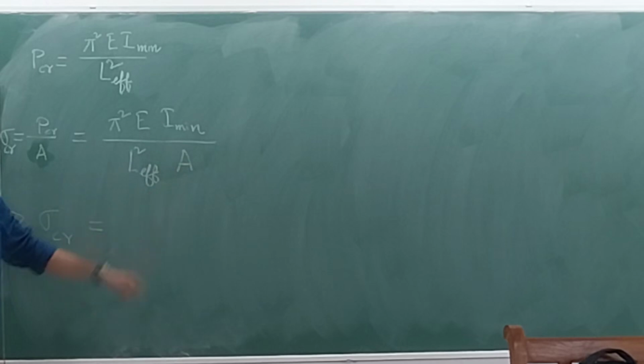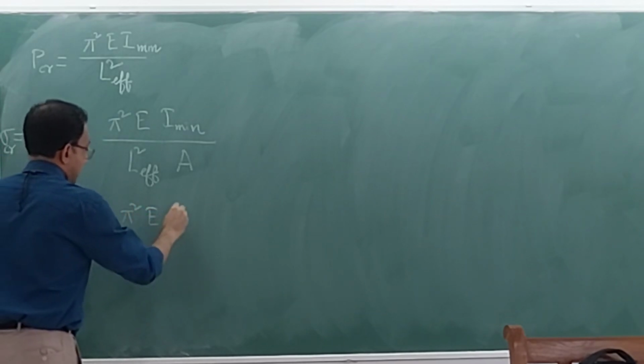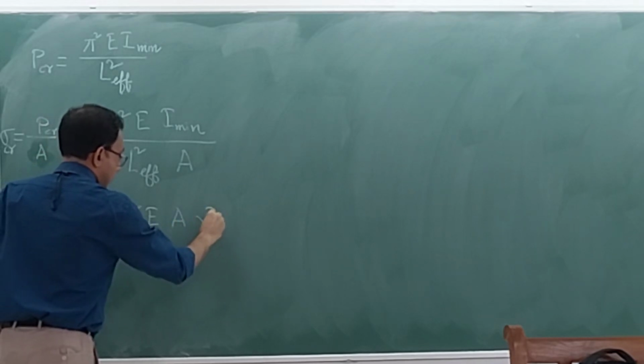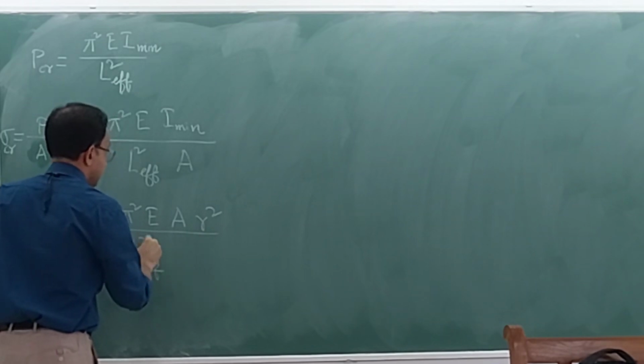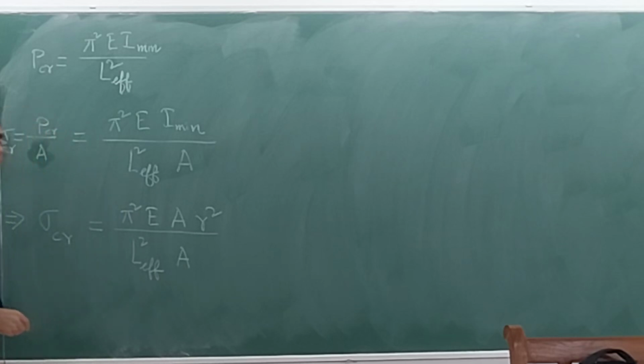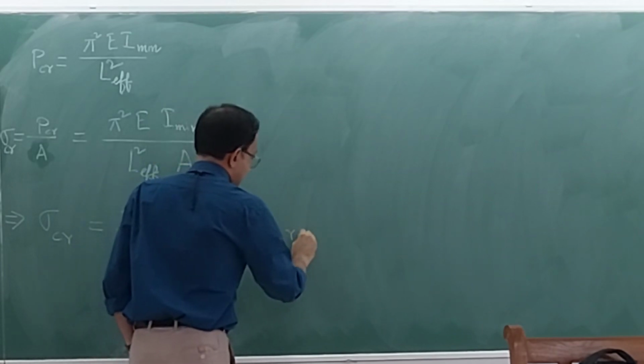this I minimum, we can again rewrite it in terms of the radius of gyration, because you know that when we write in terms of the radius of gyration, the area of the cross section comes into the picture. Okay, so keeping everything else same, we'll just write this as A times R square, where this R is the radius of gyration.